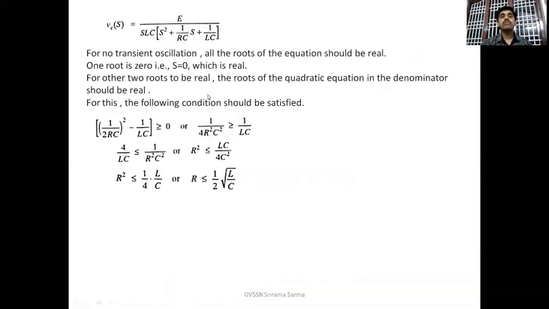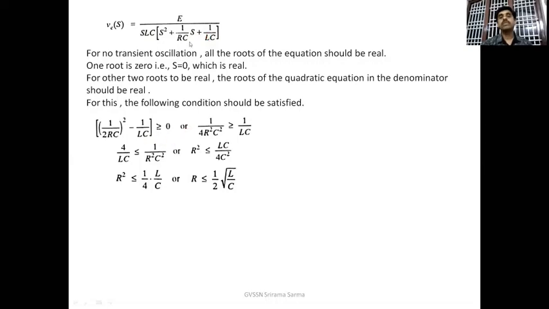So therefore, from this expression, for no transient oscillation, all the roots of the characteristic equation should be real. One root is already 0, which is real. The roots of this quadratic equation are to be real, so b square minus 4ac should be greater than or equal to 0.